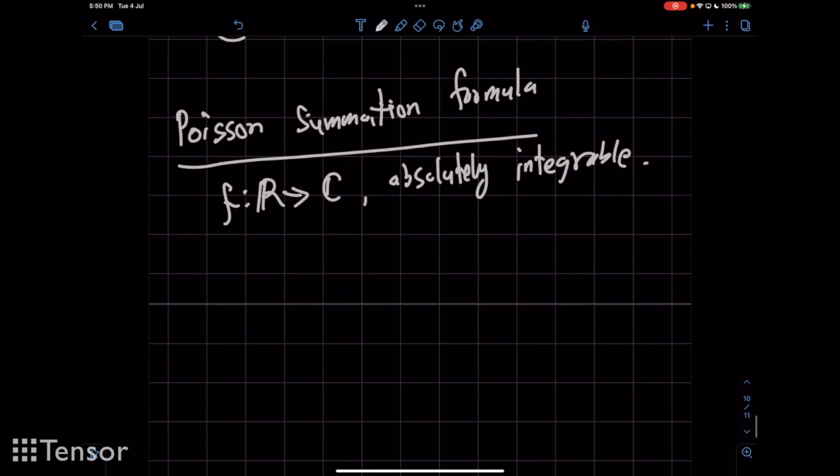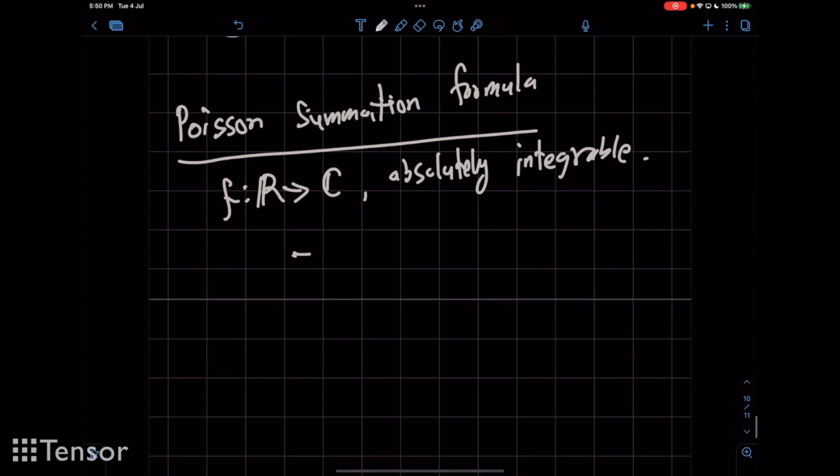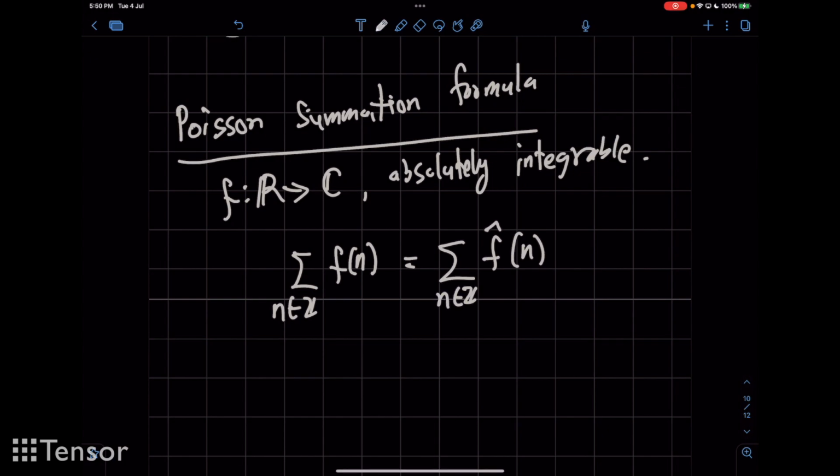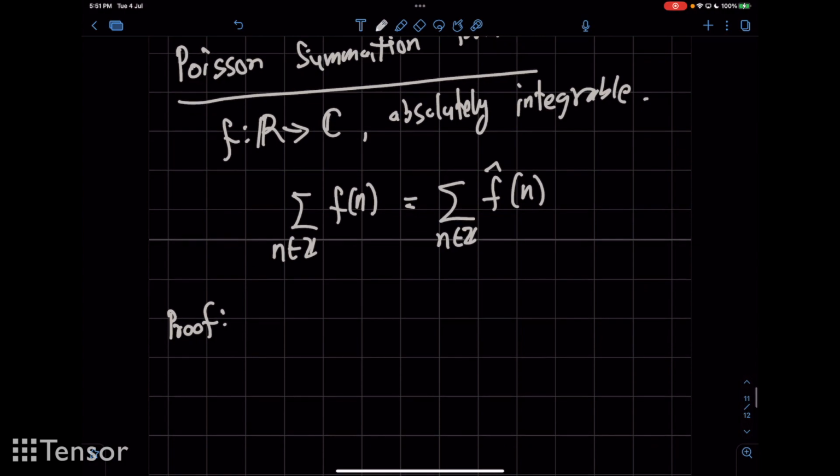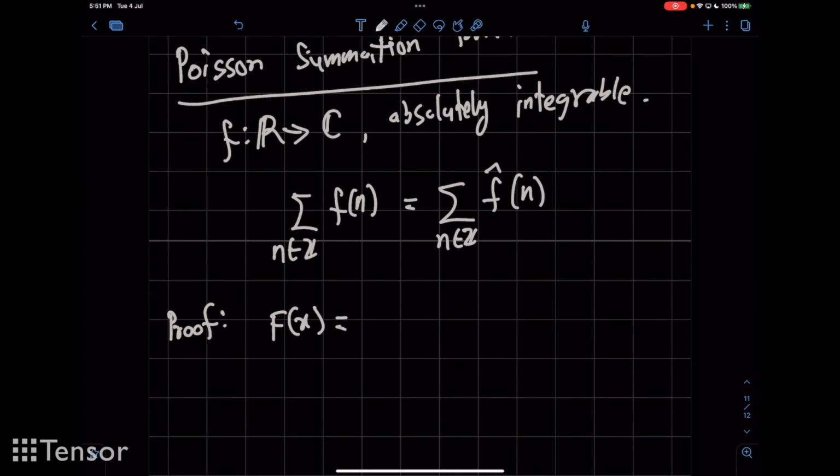Then the Poisson summation formula says that the sum of f(n) as n varies over the set of integers is exactly the same as the sum of f hat(n) as n varies over the set of integers, and f hat is the Fourier transform of f. So let us try to prove this. For that, we shall define another function, capital F, defined as the sum of f of x plus n, as n is an integer.